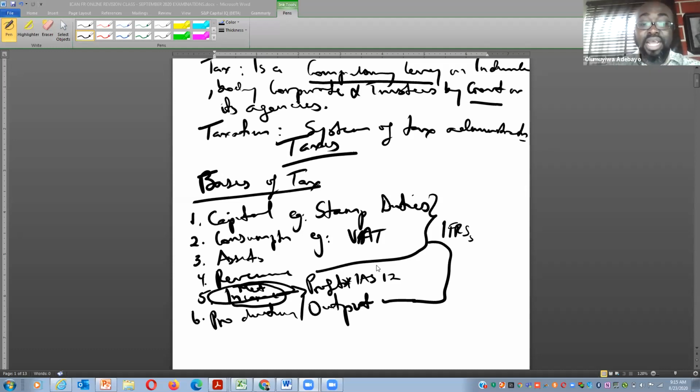Income tax, by the position or requirement of IAS 12, deals with taxes or levies that are based on profits.